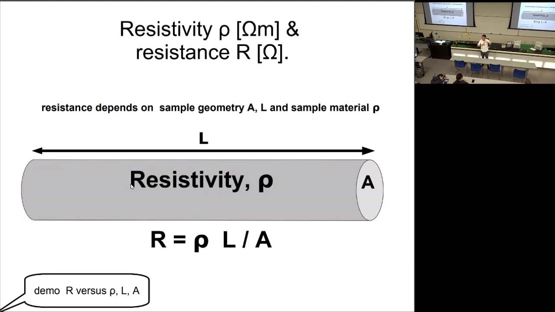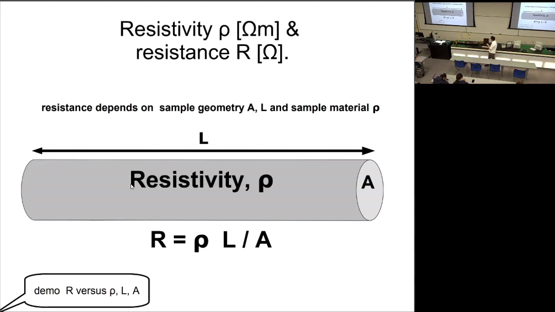It's like a wide river rather than a narrow creek. So big area means a small resistance if everything else is the same. Small area, a very narrow, thin, slender wire, would mean a large resistance. It's much harder for the electrons to squeeze down that really narrow stream or creek or brook. So it depends on the area too.